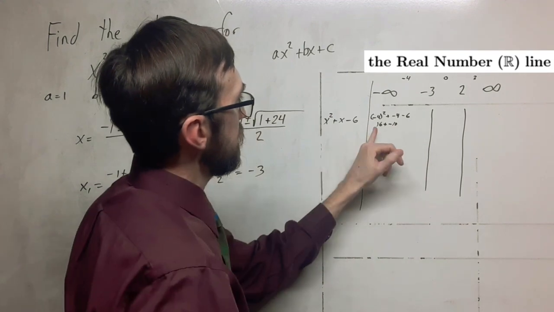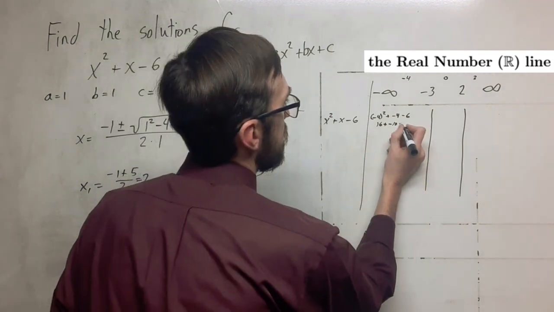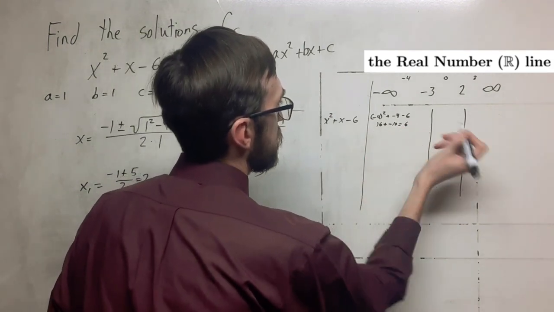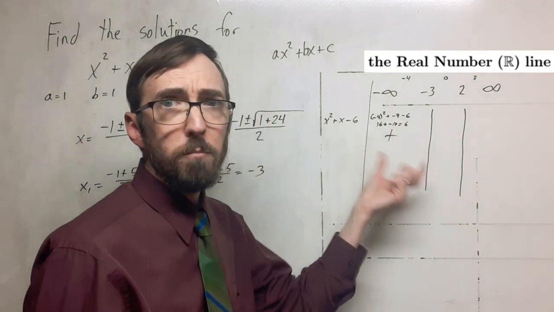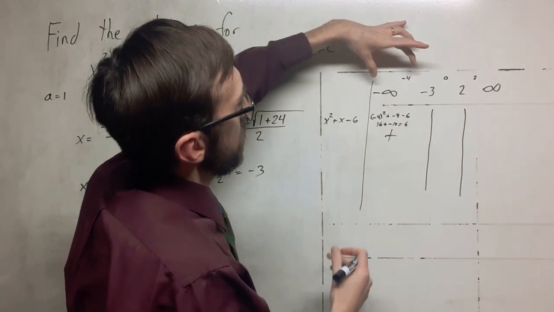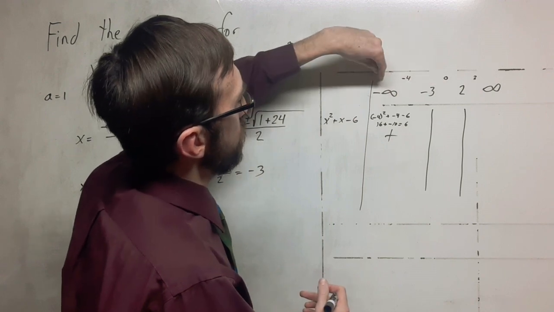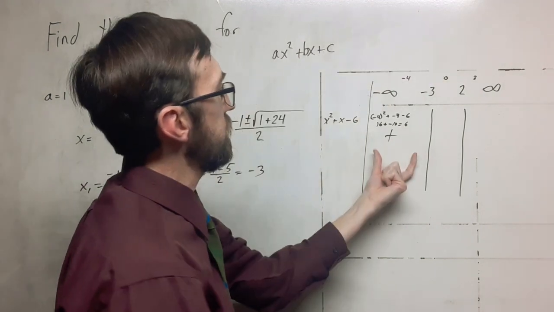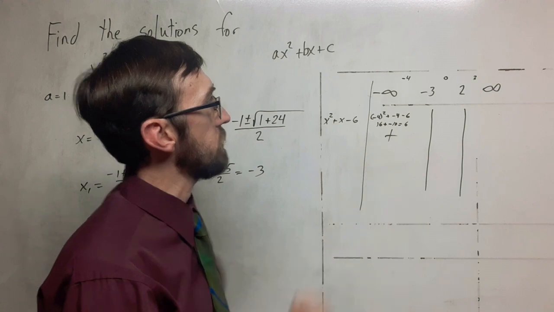So if I take 16 and I subtract 10, that is going to give me 6, which is positive. I'm going to put a big plus sign there, so I know that all the values on this interval from negative infinity up to negative 3 are going to be positive numbers.